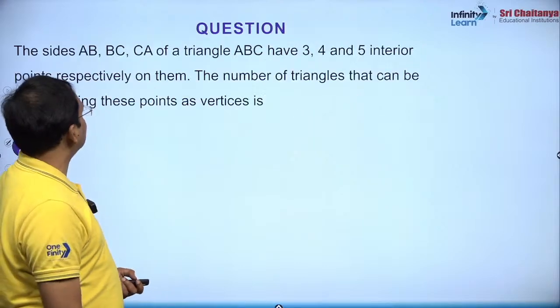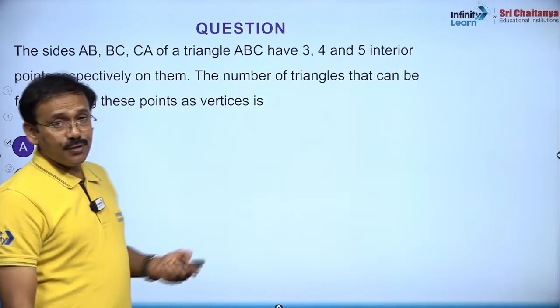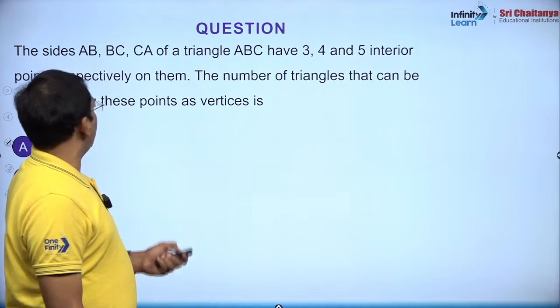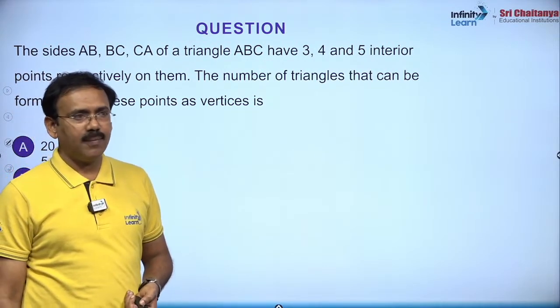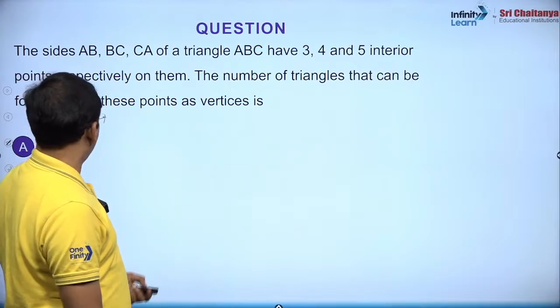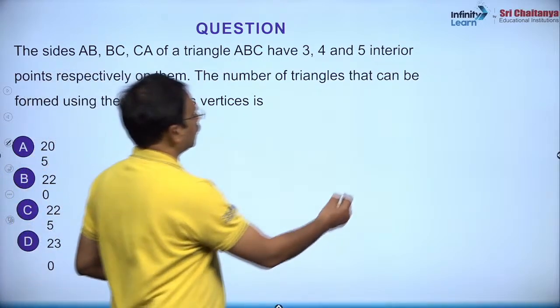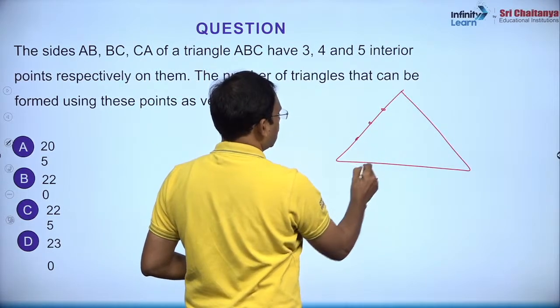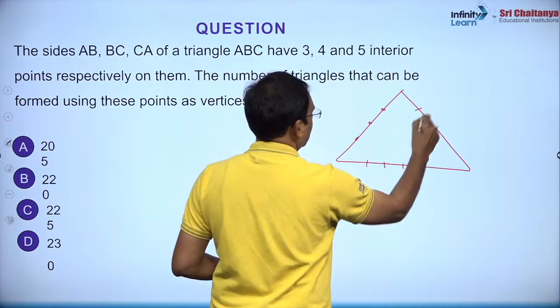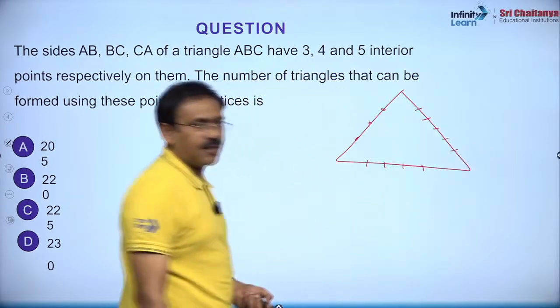Okay. Next, my dear friends, you see the sides AB, BC, CA of triangle ABC, geometric applications we are talking about. You see 3, 4, 5 interior points respectively. So he has taken a triangle, dear friends. Here 3 points are taken, here 4 points are taken, here 5 points are taken.